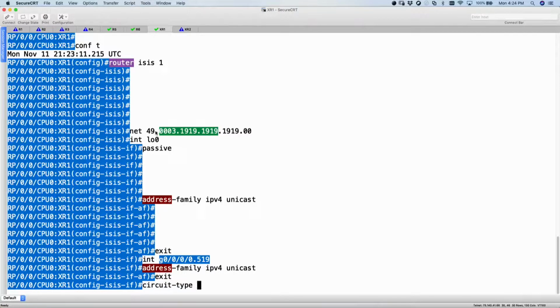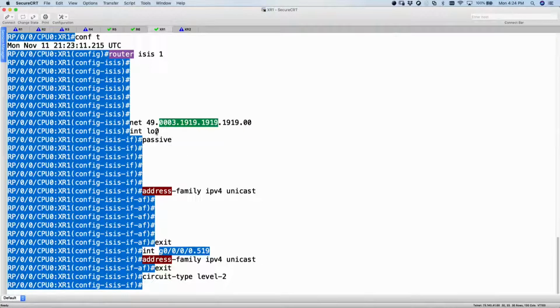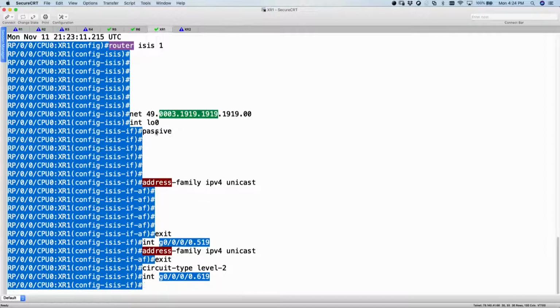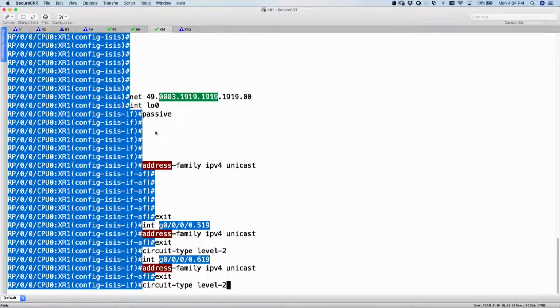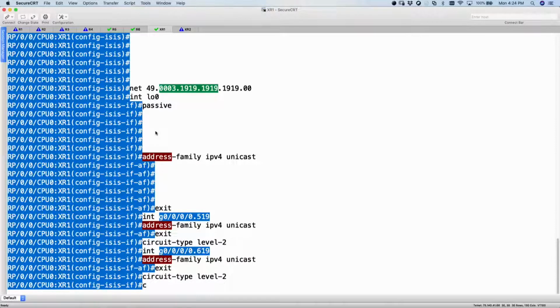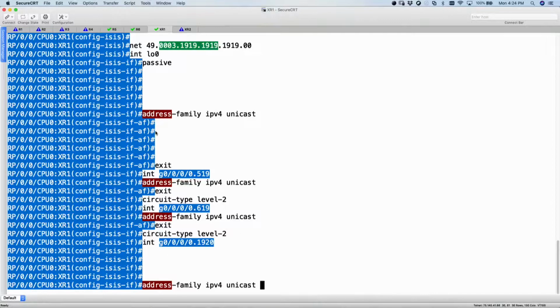So circuit type would be level 2. And finally, I have the second link, which was 619. I activate the address family, exit out and define the circuit type. And then the last interface would be towards XR1, which is going to be level 1 only.